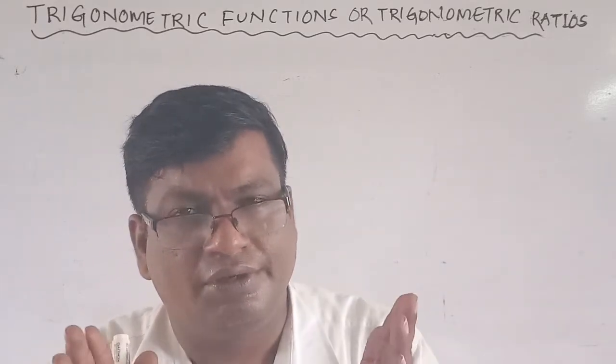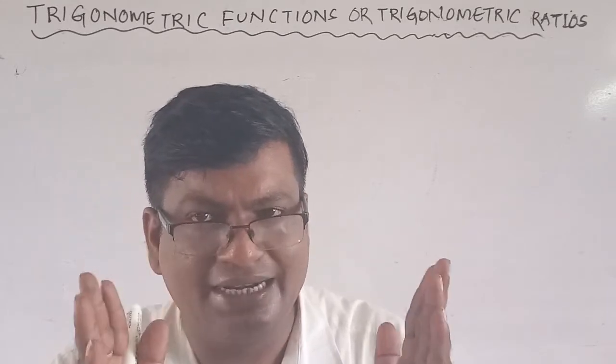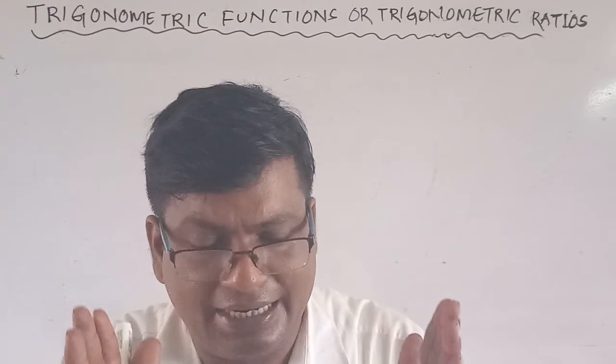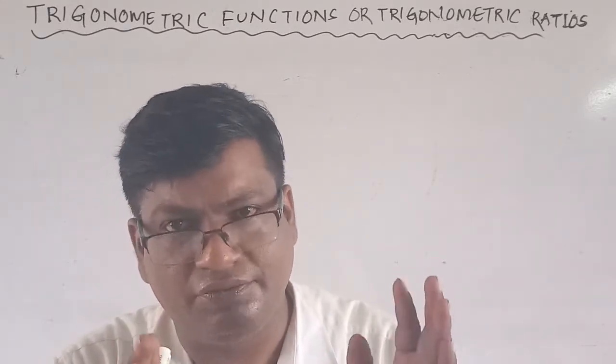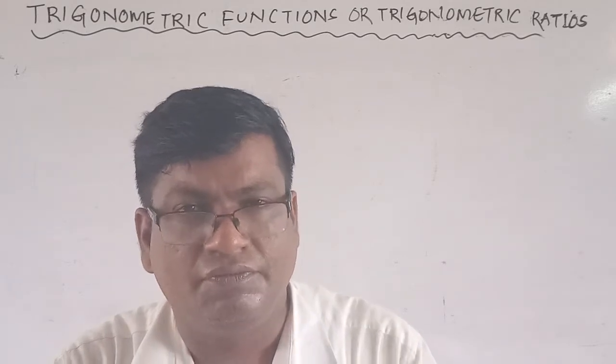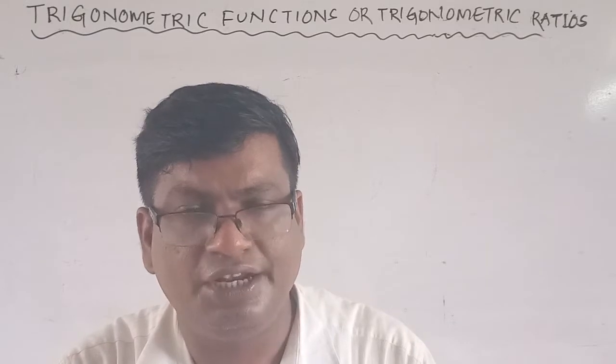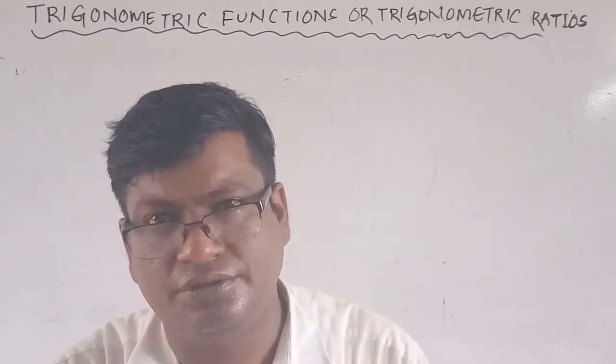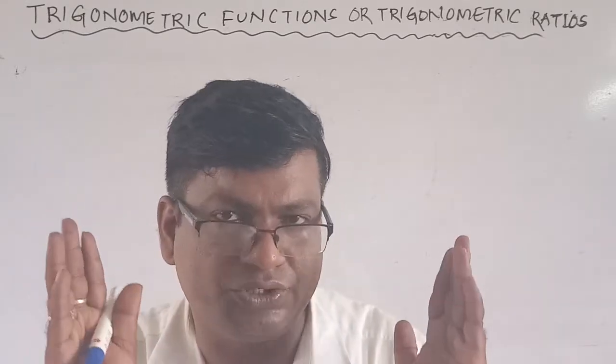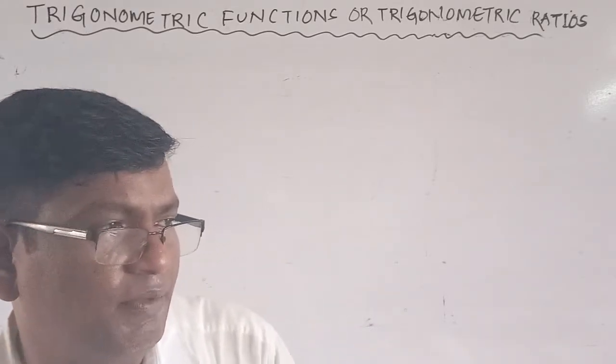So what is the difference between identities and equation? Identities are valid for all values, whereas equations are valid for some particular values of the variables.